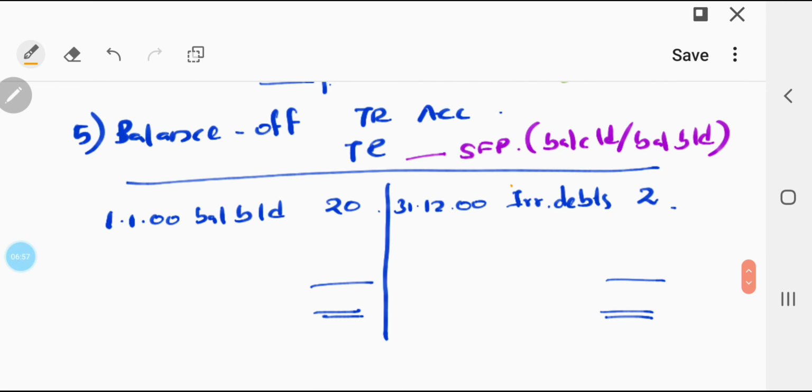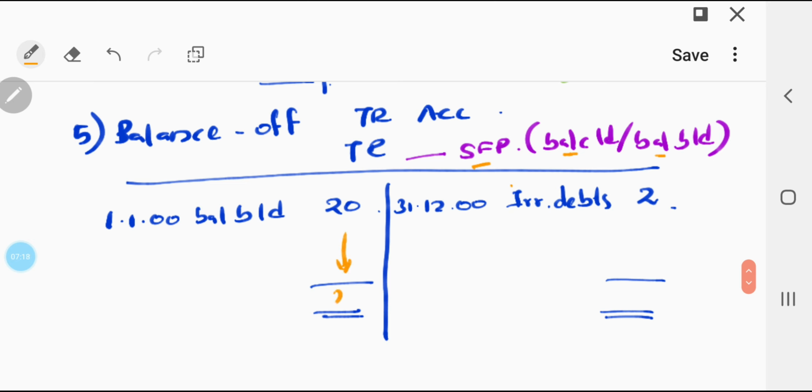Balance of TR account. Trade receivable belongs to statement of financial position, and we enter it under the category of current assets. And whenever a specific ledger belongs to SFP, consider balance carried down and balance brought down.